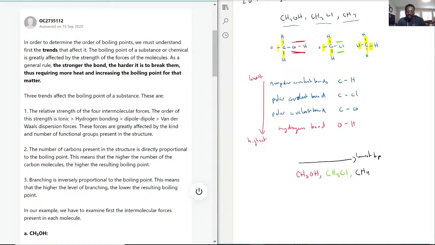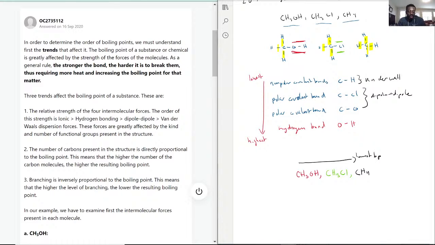These polar covalent bonds will be considered dipole, because they do form dipoles. And this one would be more like van der Waals, as most molecules will have that dispersion force. That's the basic force that everything has, and then you build from there.